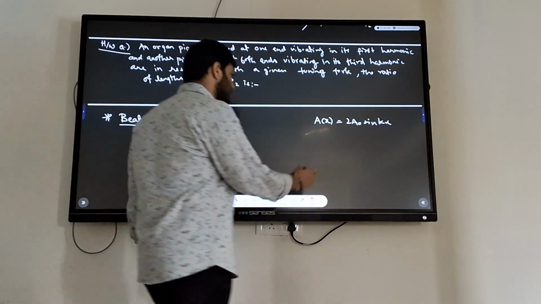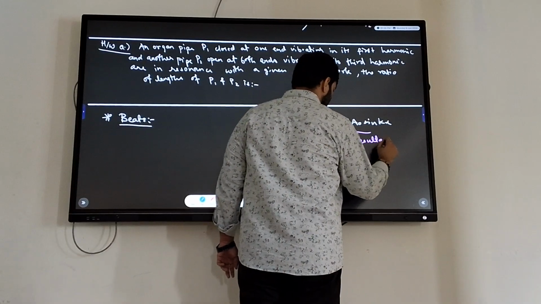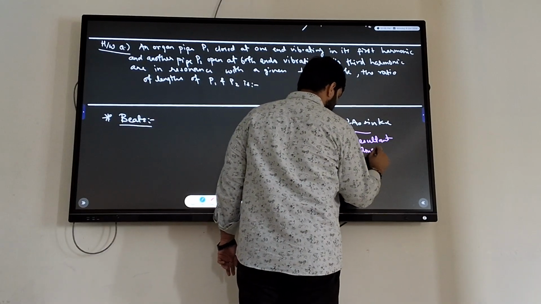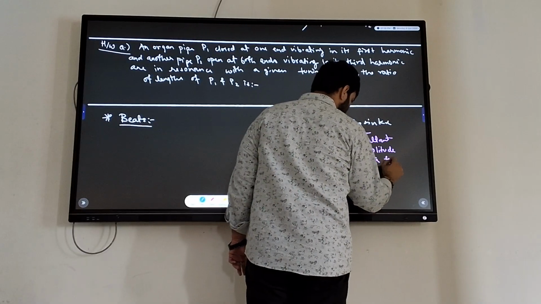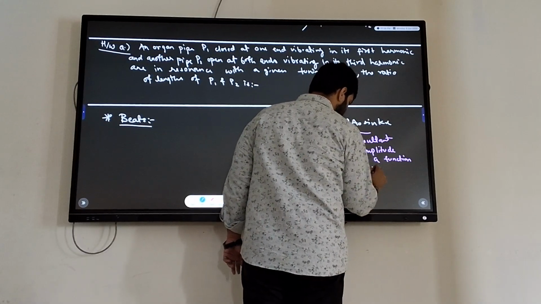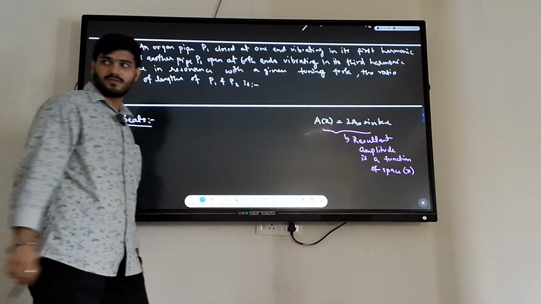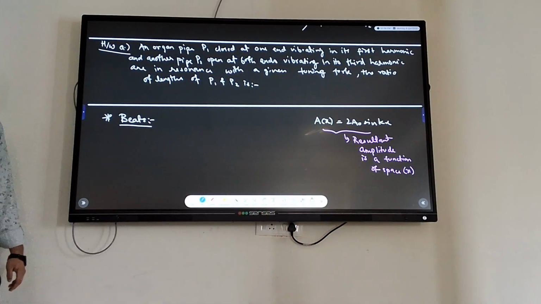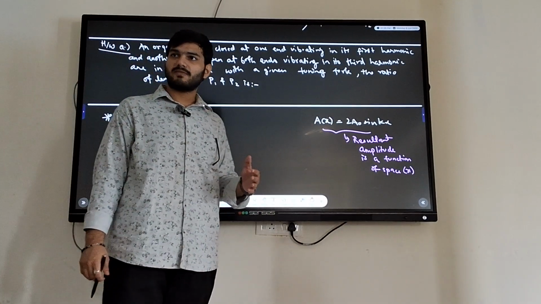The resultant amplitude is a function of x, a function of space. And this is what we found in the formation of a standing wave. And how is the standing wave formed?